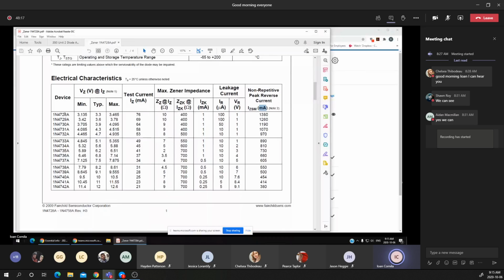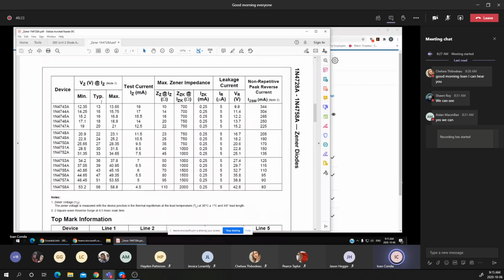As the last two digits are increasing, you notice that the VZ is increasing too. For example, the 4747 has the VZ, or typical value, as 20 volts. It can be 19 or 21. That's the delta VZ. Again, we are not using any change in these values.